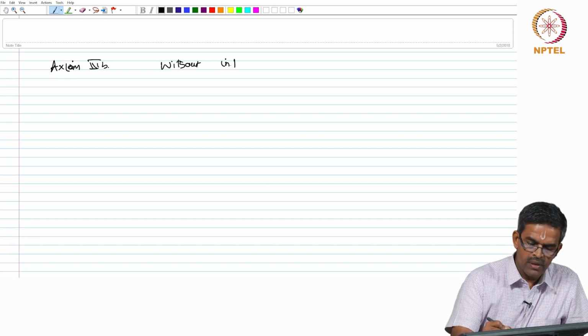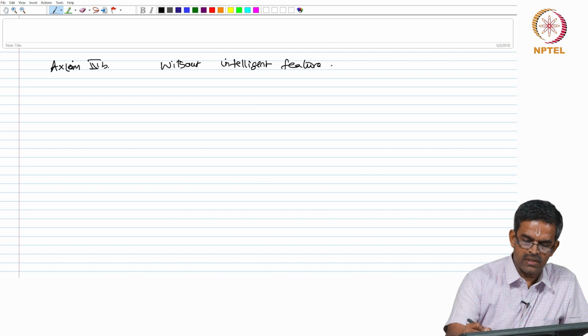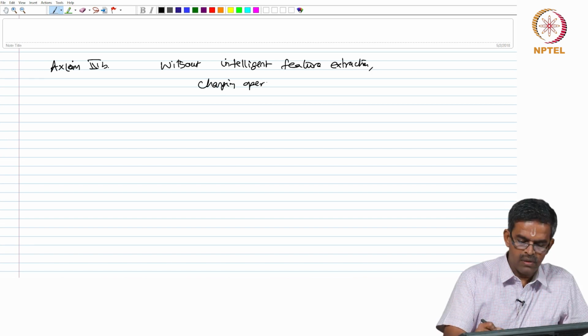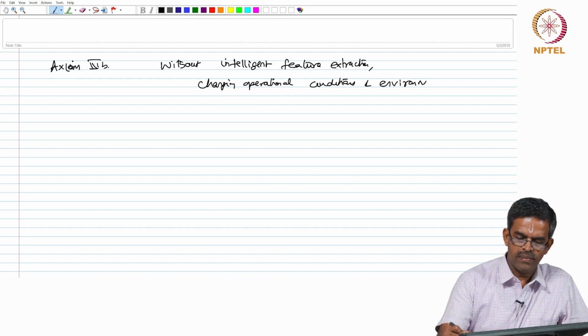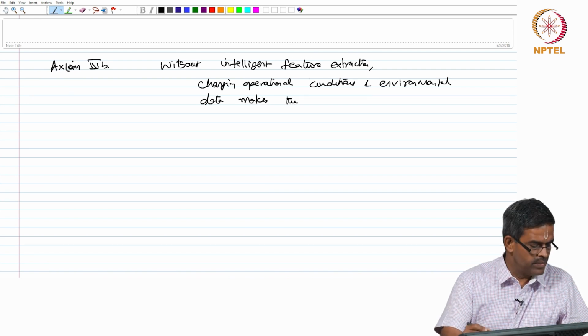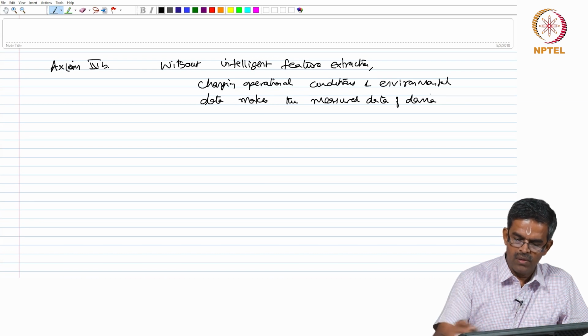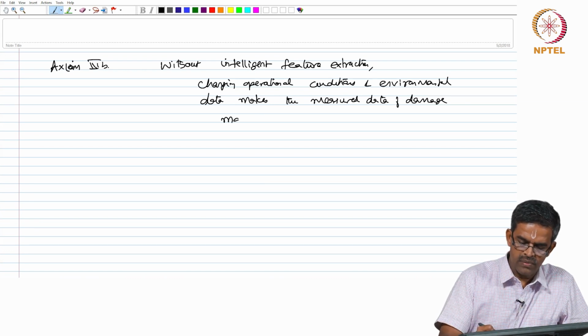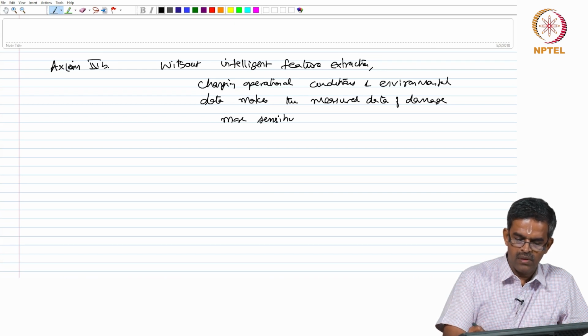Without intelligent feature extraction, changing operational conditions and environmental data make the measured data of damage more sensitive.